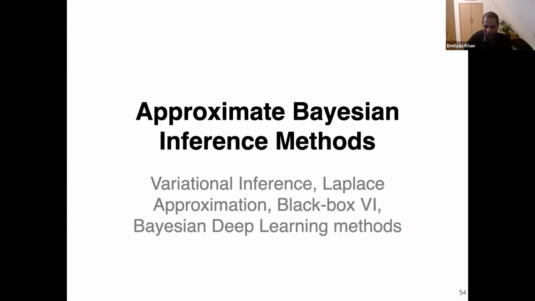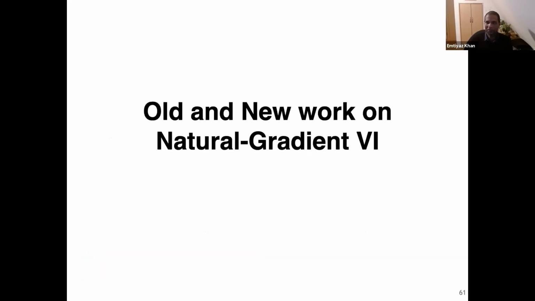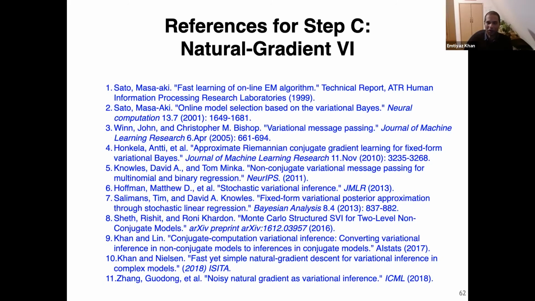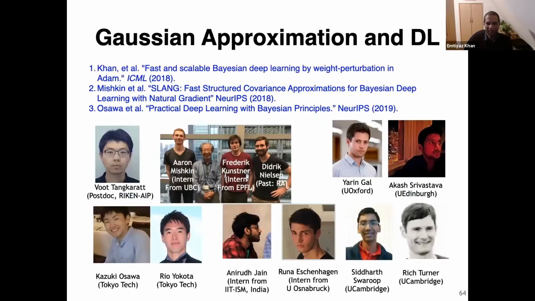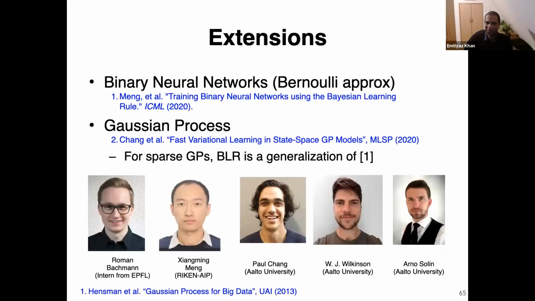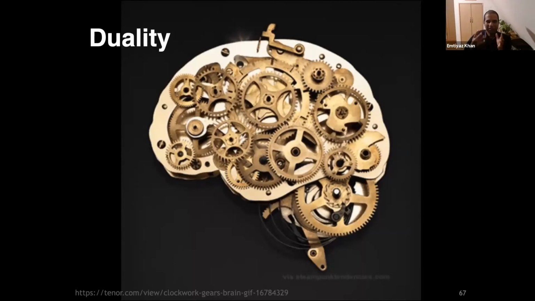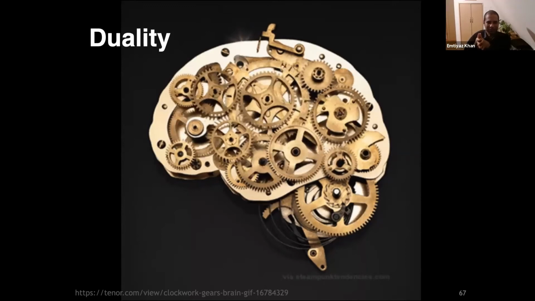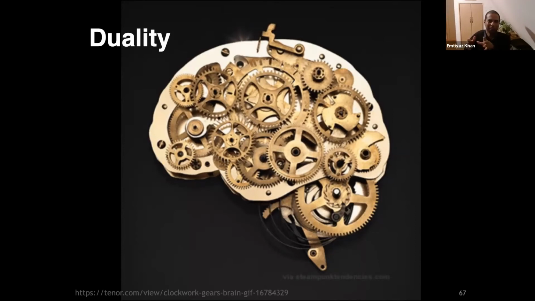Okay, so we're almost done now. All of these connections, I have new work. It's all there in the slides with my collaborators. And we are now working on new ideas on duality, where we're using the distribution in these representations to understand what a model really learns and what it should be focusing on.